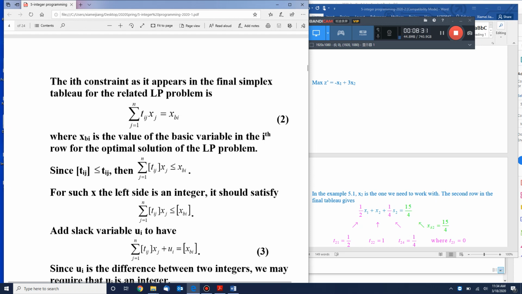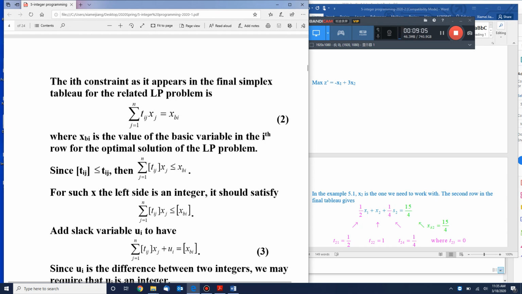We use i to represent which row in the final tableau, and j to represent the column. So it is ti1 x1 plus ti2 x2 plus ... plus tij xj plus ... plus tin xn equals xbi. Here xbi, as we said, is the value of the basic variable in this ith row.